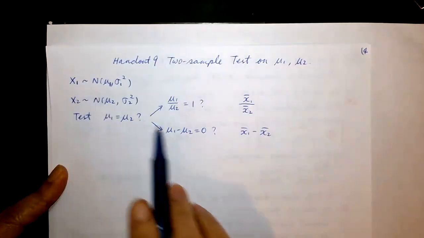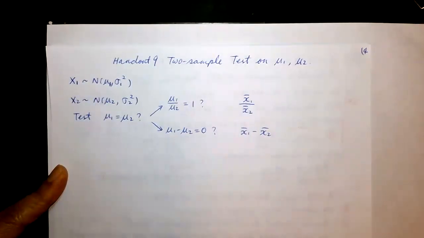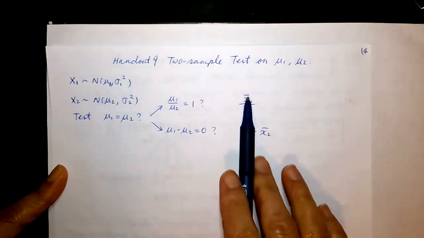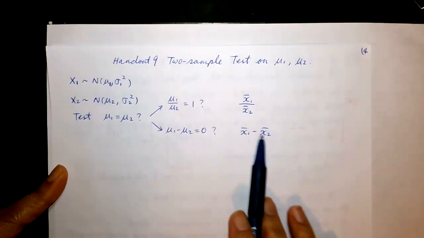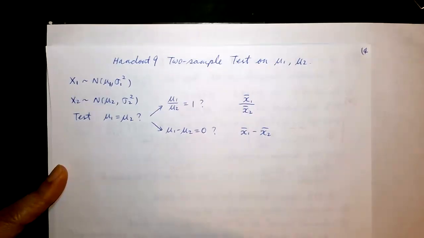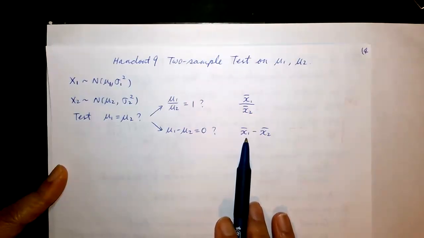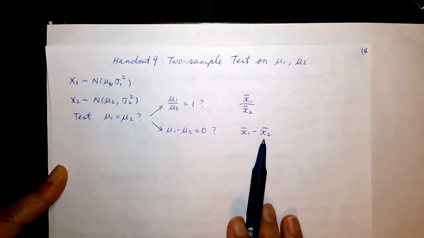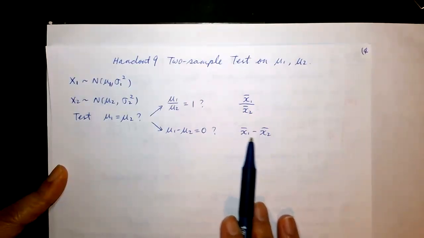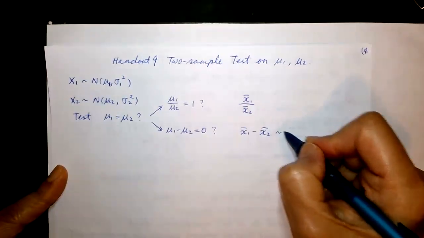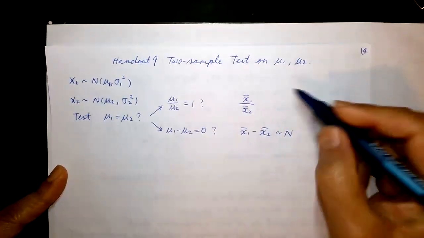Now let's have a look. X1, X2 are normal. So X1 bar, X2 bar will be normal, right? Handout 4. We have two normal variables. If they are in this way, a linear function of normal variables would be normal, right?